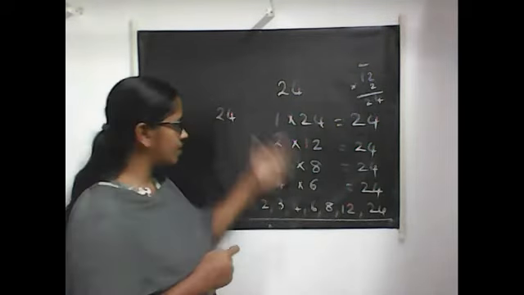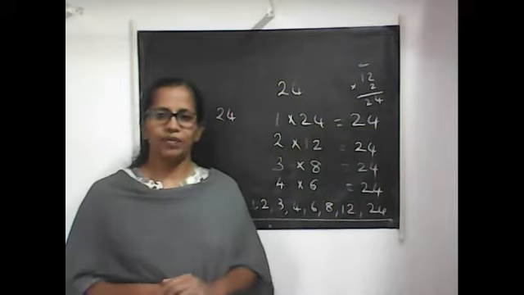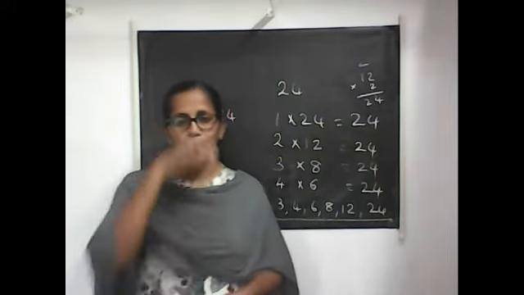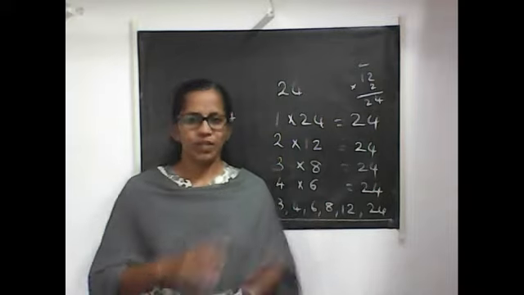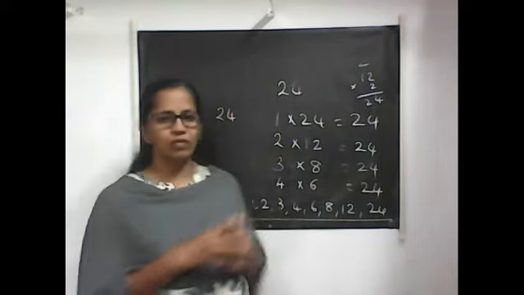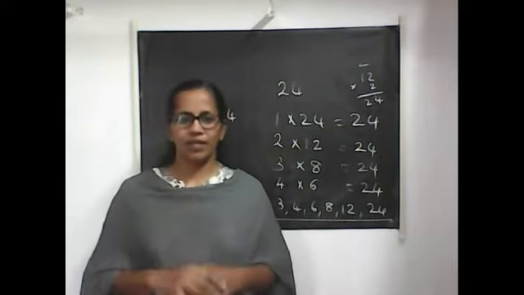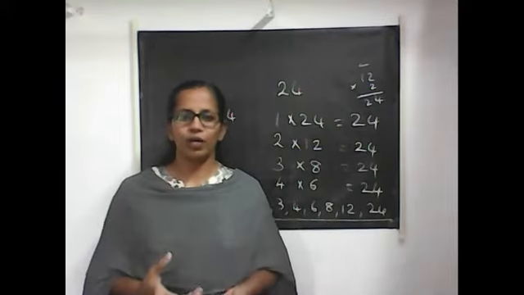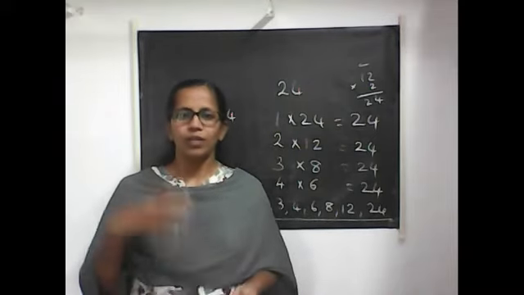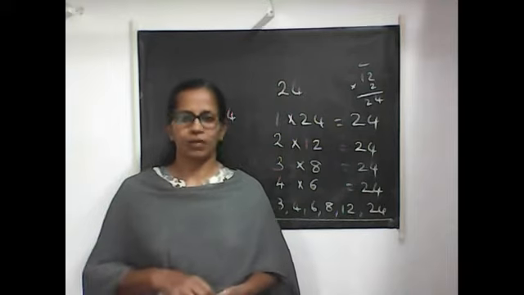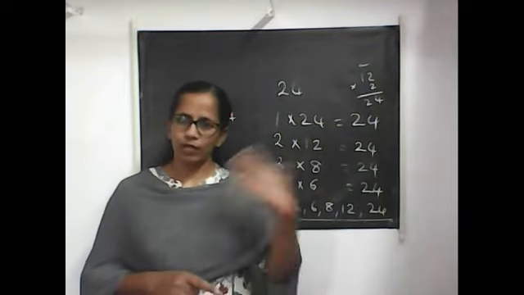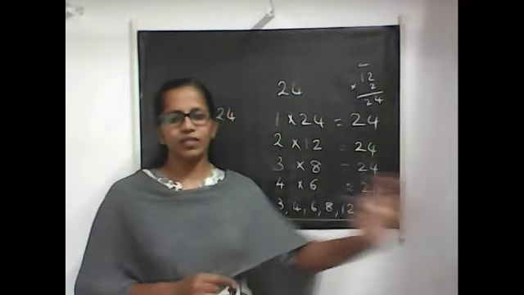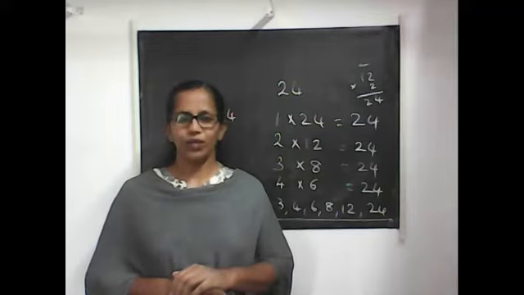So this is another way we can find the factors. Suppose I ask you to find the factors of 12 and 24. How will you find out? Same way. First find the factors of 12, then the factors of 24, then write them out.